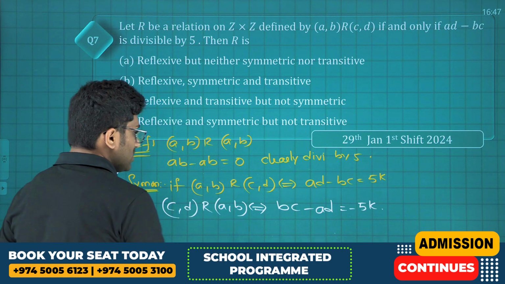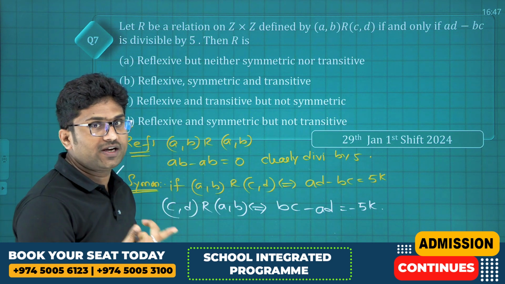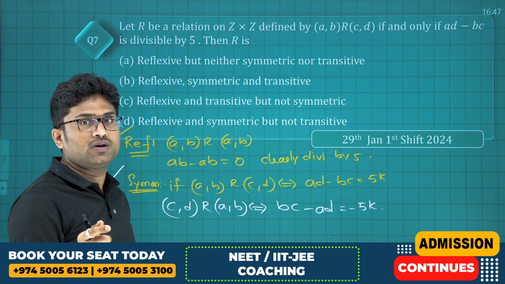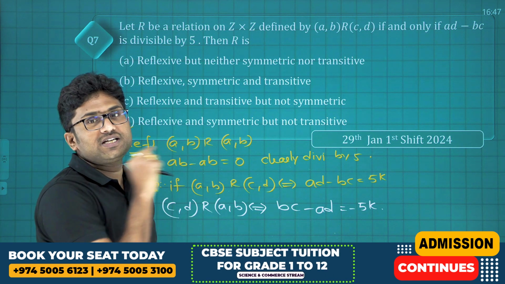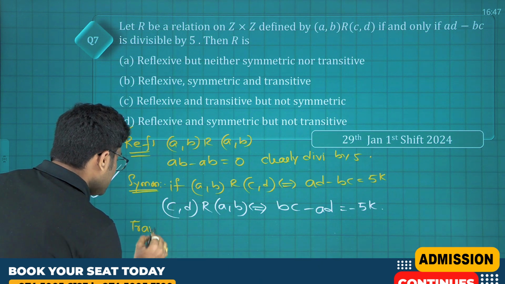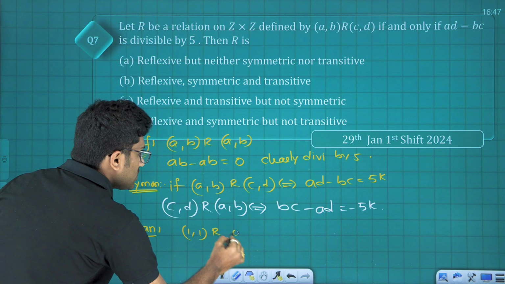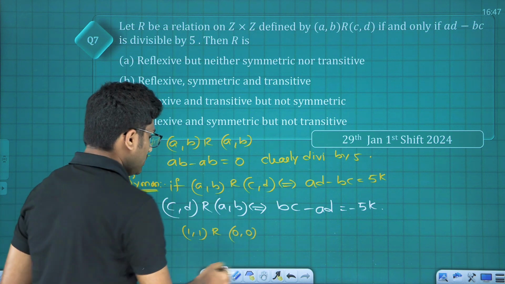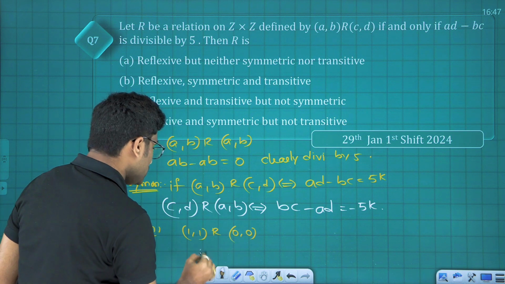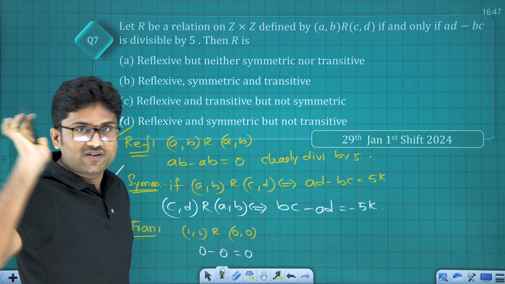We'll see this, friends. We can't verify it by using the statement. For that we have to show some counterexample in which case it is not transitive. Now coming to transitivity, we have 1 comma 1 related to 0 comma 0, that is 1 into 0 minus 1 into 0, so 0 is divisible by 5, fine.